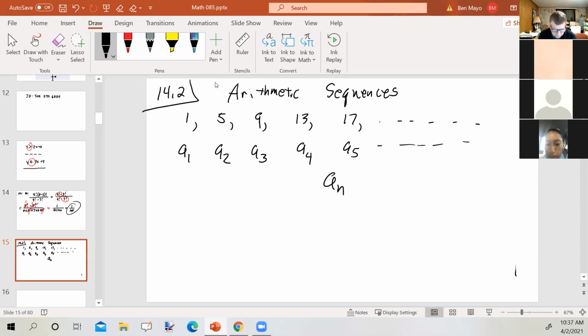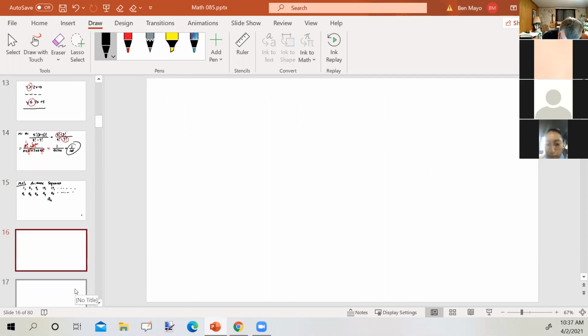All right. Let's go back and look again at this sequence: 1, 5, 9, 13, 17, etc. Can you see that between each pair of terms there is a common difference?